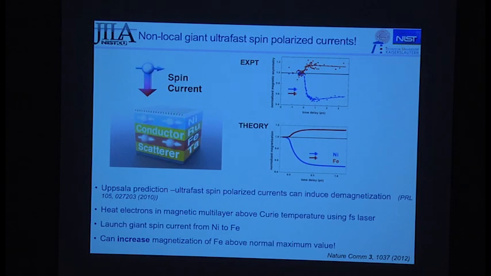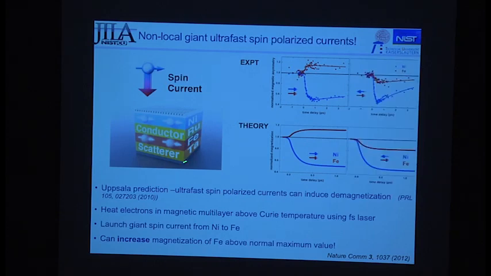And in fact, we then reversed the direction. In this one, we had an anti-ferromagnetic coupling where the spins in iron were in the opposite direction from nickel, and in that case, the magnetization quenched in both layers.